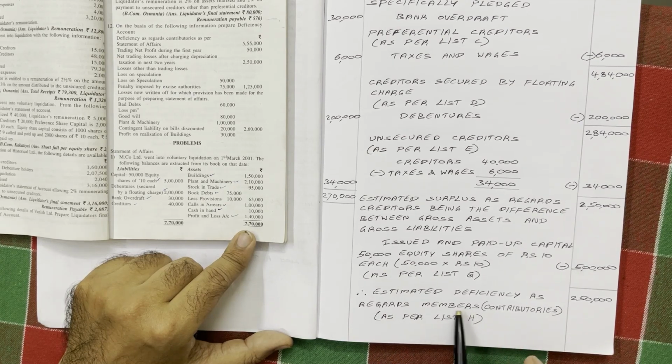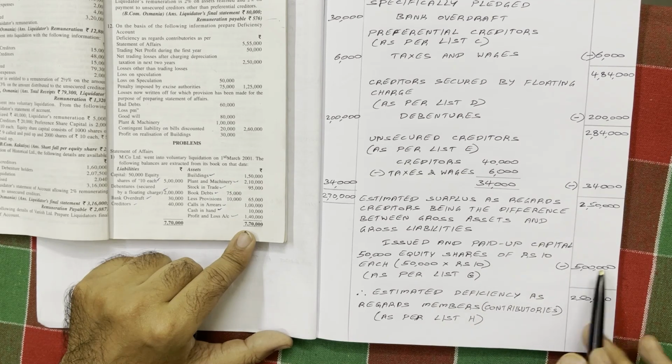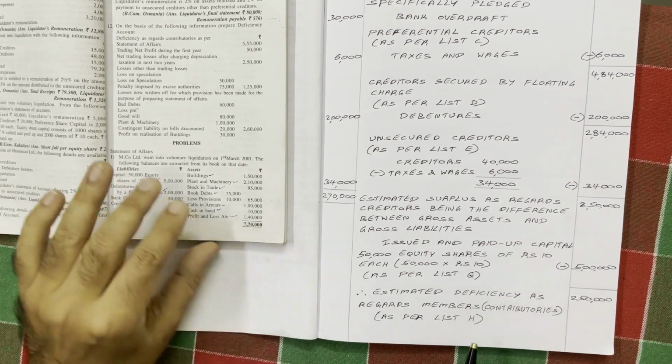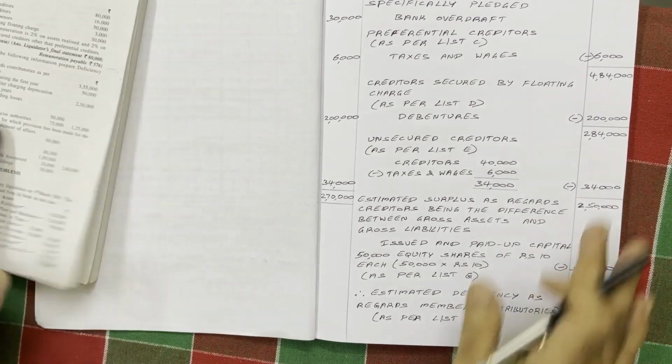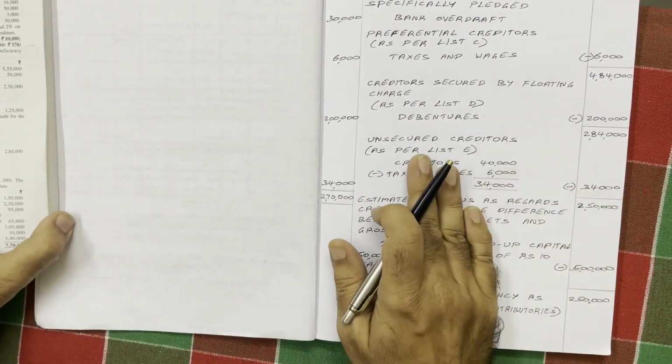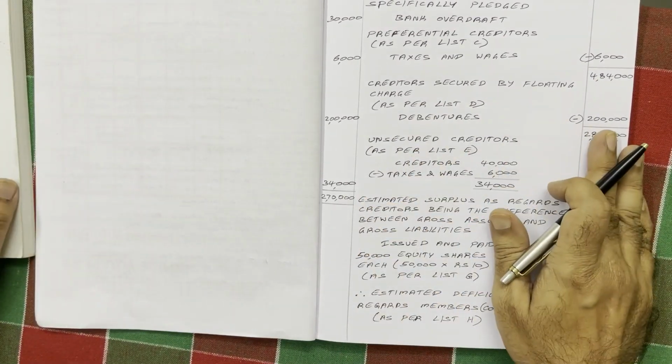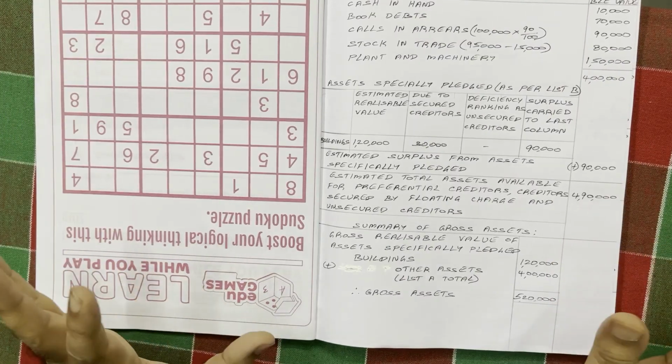Here members means equity shareholders, nothing but contributories. Finally, the company cannot meet their claims fully. So the company has to pay 5 lakh rupees to them, but the available money with the company is only 2,50,000. So this 2,50,000 is as per list H. In this manner, the Board of Directors prepare the statement of affairs and they submit this report to the company's liquidator. So this is the end of the present problem.